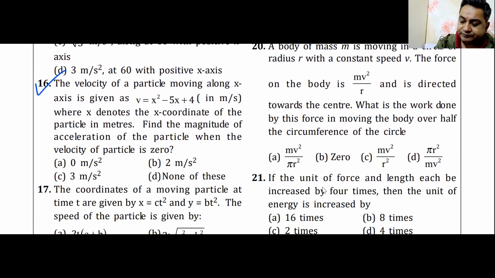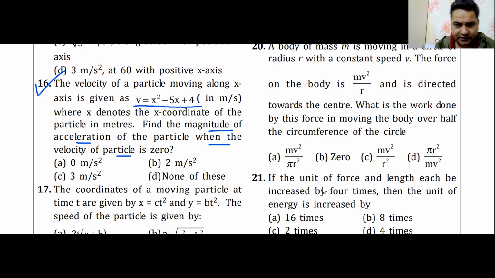Question number 16. The velocity of a particle moving along the x-axis is given by v is equal to x square minus 5x plus 4, where x denotes the x coordinate of the particle in meter. Find the magnitude of acceleration when the velocity of the particle is 0. So what you got to do here, first put the velocity as 0, find the value of x. It's a quadratic equation. So you will get the value of x when velocity is 0.